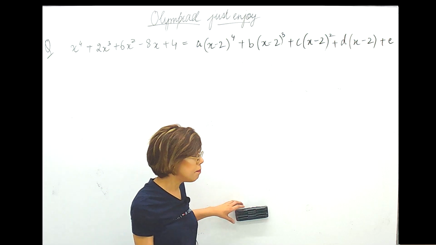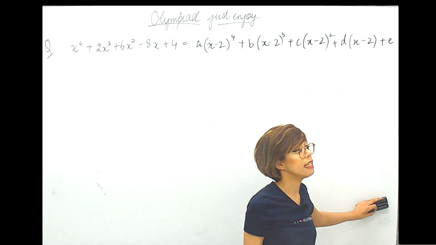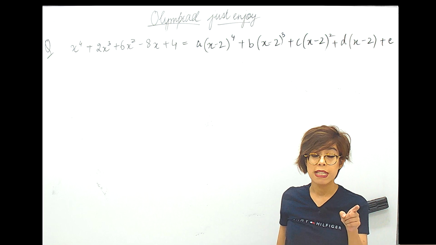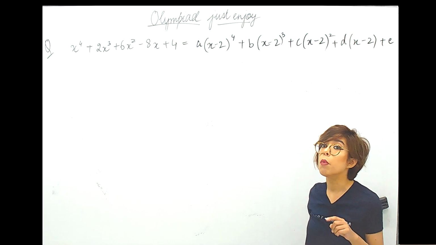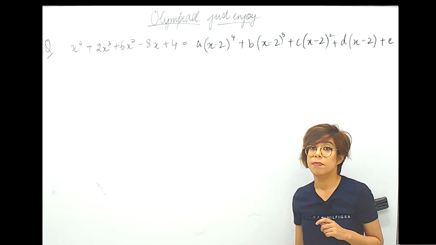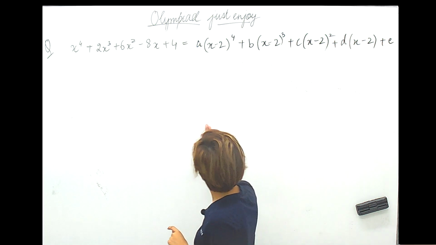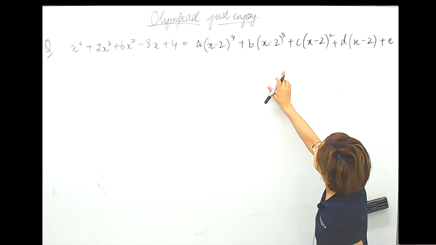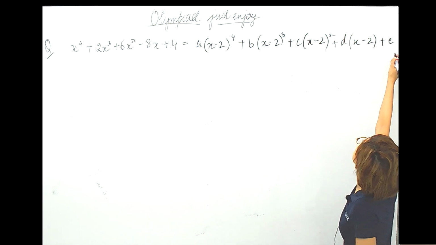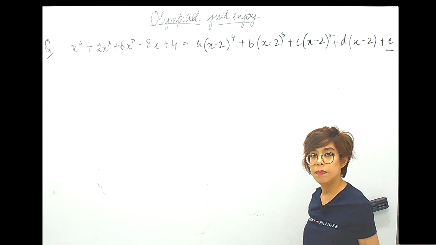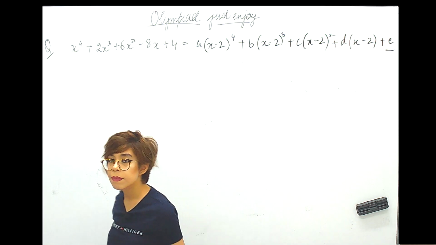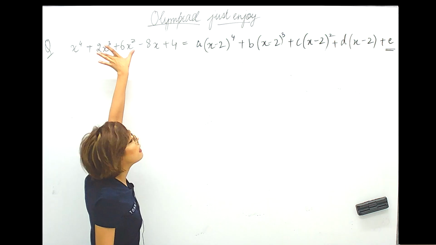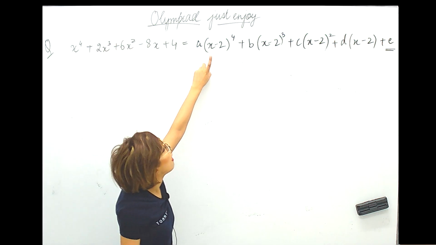Obviously, in this case, comparing the coefficients will not be an easy task. That's why I told you, synthetic division is quite an important method. Now, firstly, I would want to find the value of e. Finding e. Obviously, I am dividing this polynomial by x minus 2.